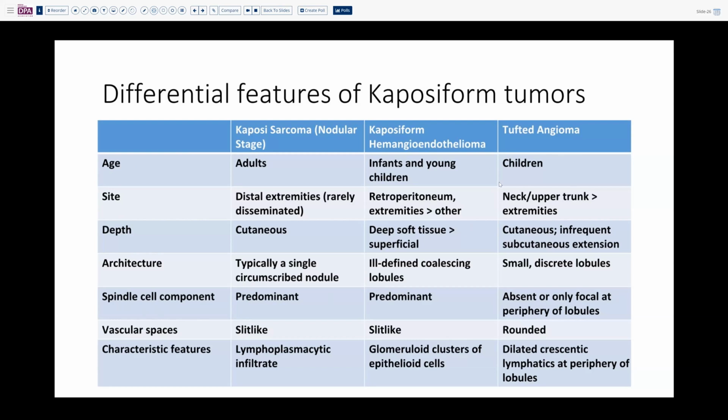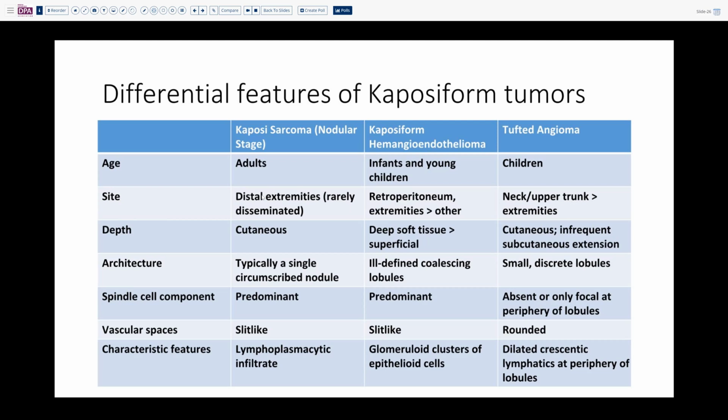With the tufted angioma, this is definitely children. The Kaposiform hemangioendothelioma can be children, whereas Kaposi's is going to be older adults. Differing locations, so neck, upper trunk, and extremities versus retroperitoneum and maybe extremities for the Kaposiform hemangioendothelioma.